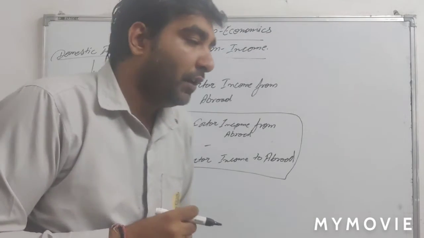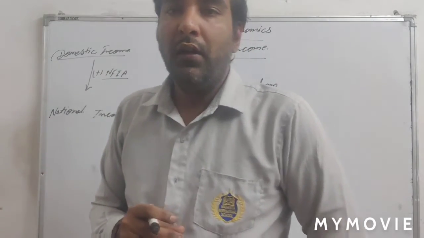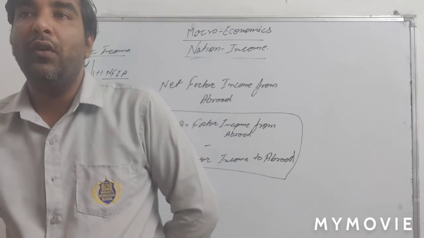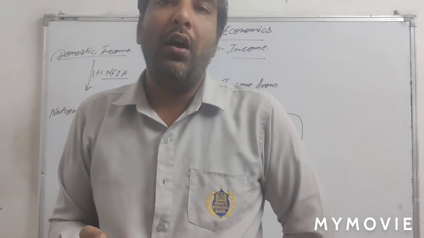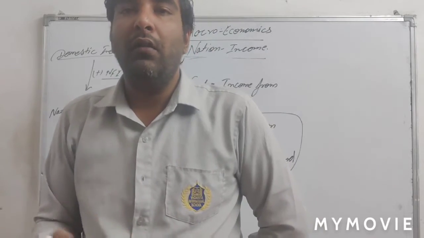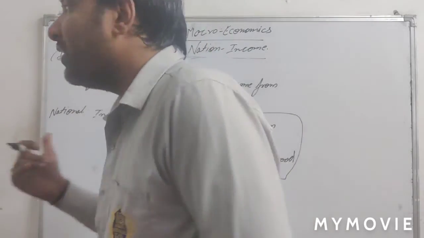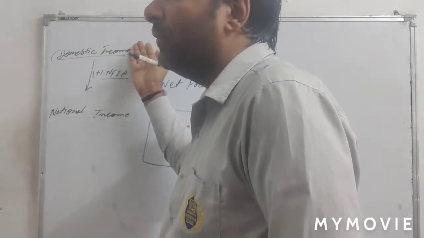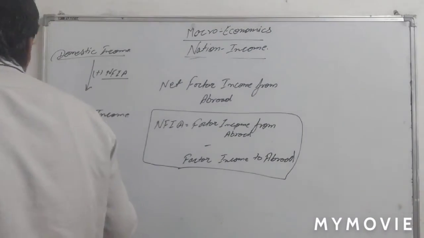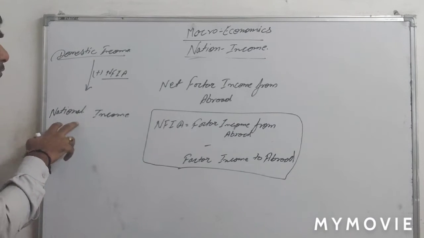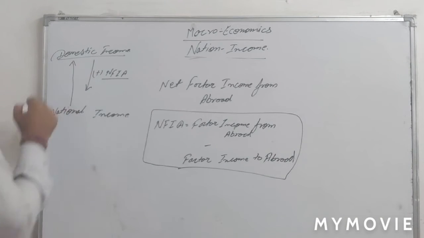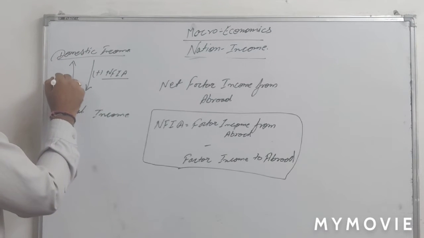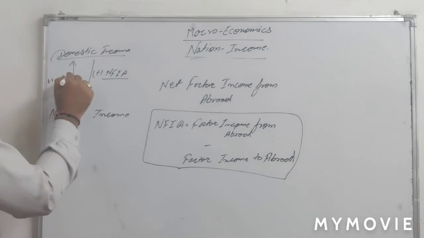What does it mean? Indians and normal residents who live in a foreign country, their income should be added to the national income. So we add NFIA to domestic income to get national income, and if we want to move from national income to domestic income, then we subtract NFIA.